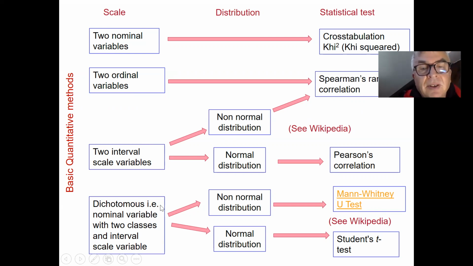And then if you have dichotomous cases, like boys and girls and so on, two classes, and a non-normal distribution like we didn't have in our example, then the Mann-Whitney U-test would be recommendable. If you have a normal distribution, then the student's t-test is what you are aiming for. So that concludes this part. We have methods for every kind of emergency or need.